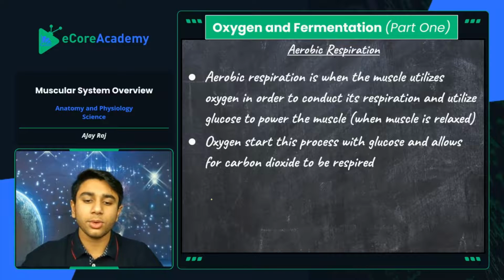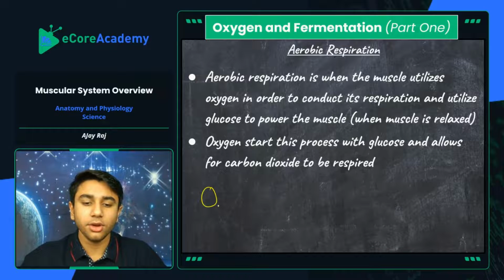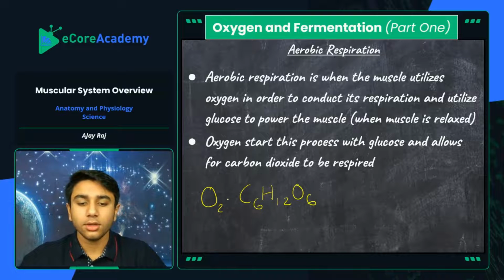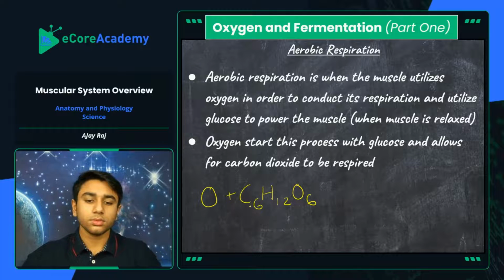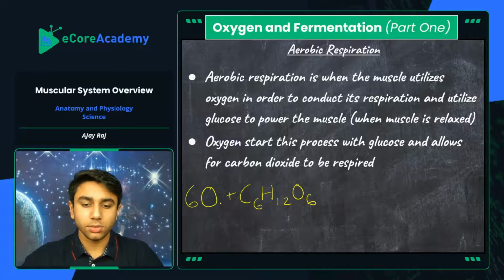So let's take a look at that equation just to recap. So you have oxygen here, and then you have glucose here, C6H12O6. So when O2 and C6H12O6, this should be 6. I apologize. 6O2 plus C6H12O6.